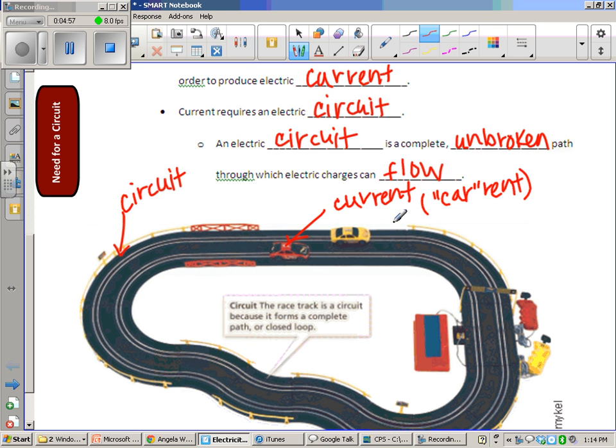Because your cars, like at a NASCAR race, would continuously drive around that track. Okay, and as long as it's closed, the cars can go through. But if there's a spot that's missing, well, can your cars go through then? No, they wouldn't be able to continue on their path. So only closed paths or closed loops are going to allow your current to continue to flow.